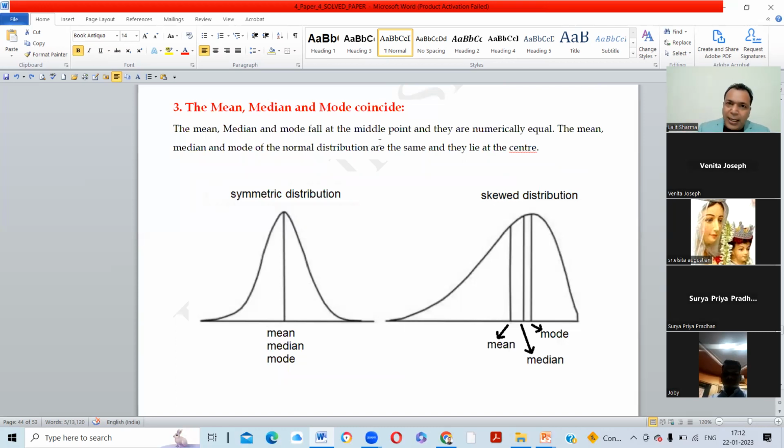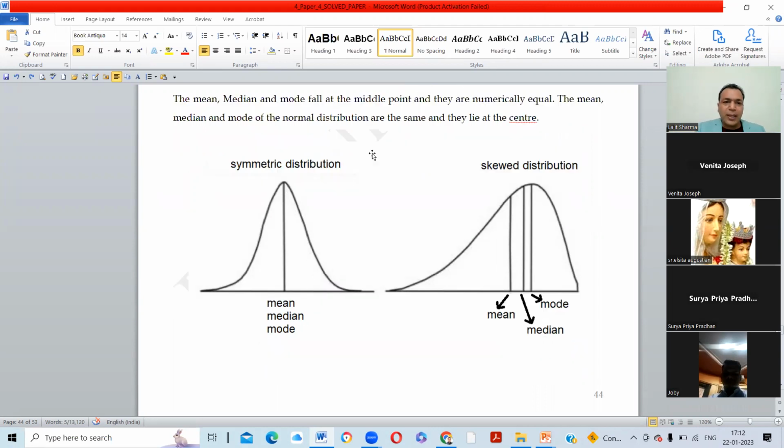So guys, when it does not make a bell-shaped curve, when it declines either on the right side or the left side, this is called skewness, which is your next topic. Got it? So the third characteristic is that mean, median, mode coincide. When they do not coincide, when there is no bell-shaped curve, this is called skewness.